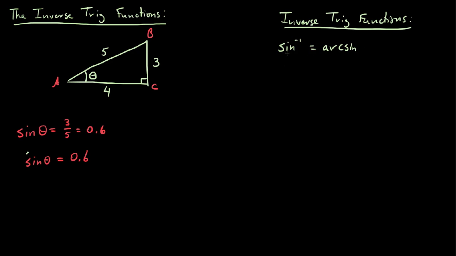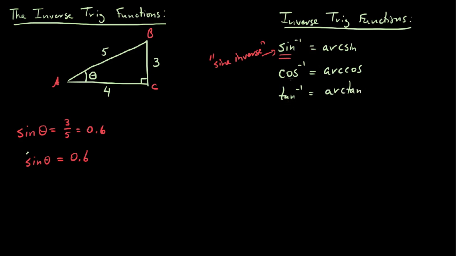You would read this as sine inverse of whatever it is you're taking the sine inverse of. We have inverse cosine, cosine inverse, or arccosine. You'll see that on a calculator sometimes. And we have tangent inverse, which is arctan, or arctangent.